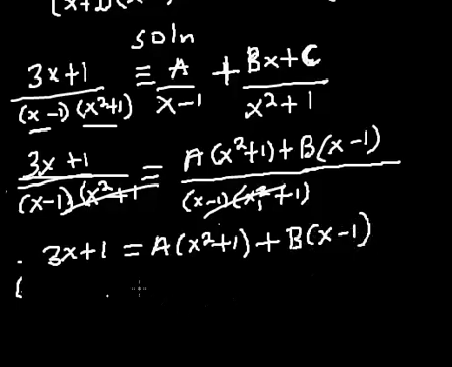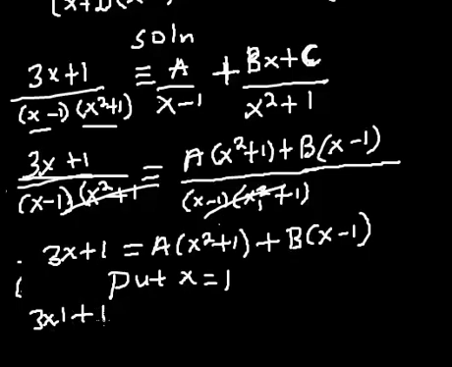Now I can eliminate B using this elimination method of putting x equal to 1. So any place I see x, I put 1. That's going to be 3 times 1 plus 1 is equal to A into, of course, 1 squared plus 1.